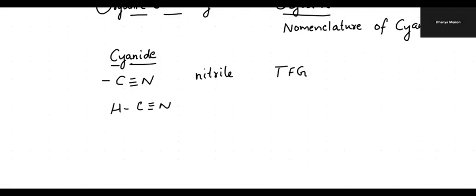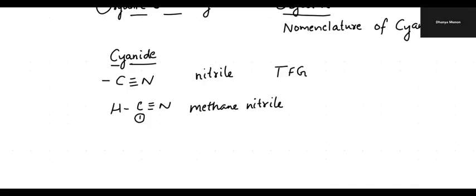So you can see that it has only one carbon atom. One carbon atom means it is methane. And what is the secondary suffix you will use? Nitrile. Because this functional group has a carbon atom, it is given a number.